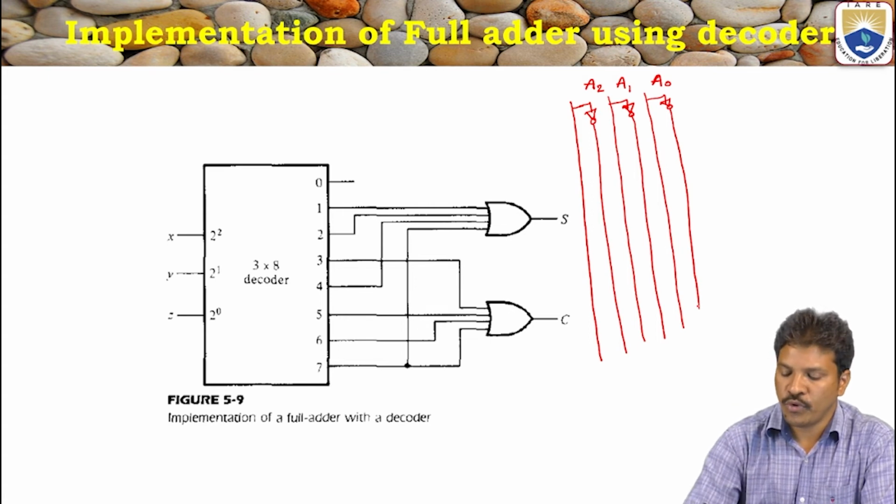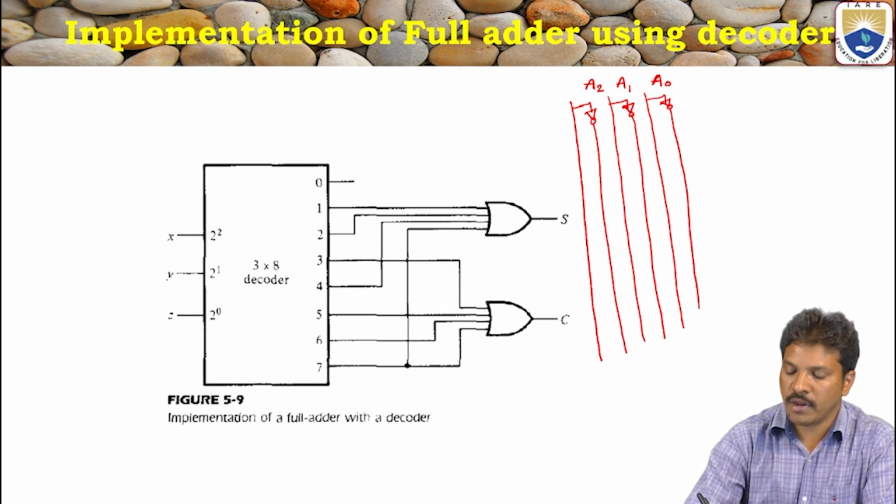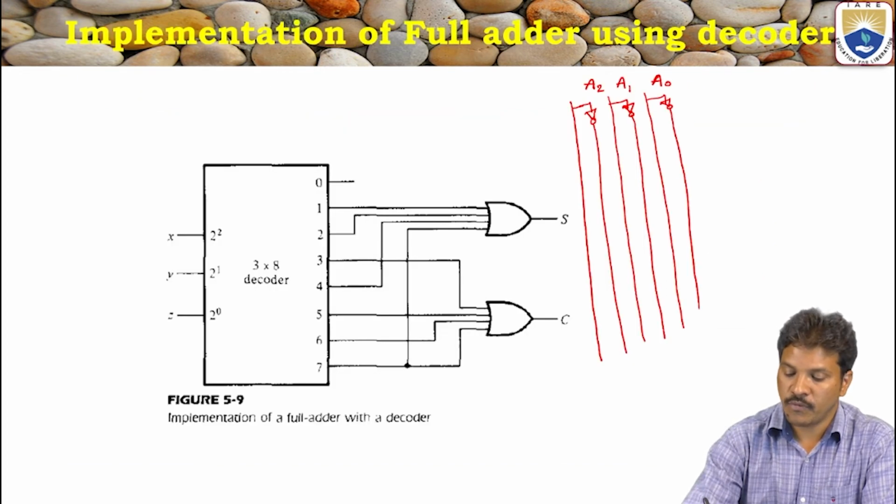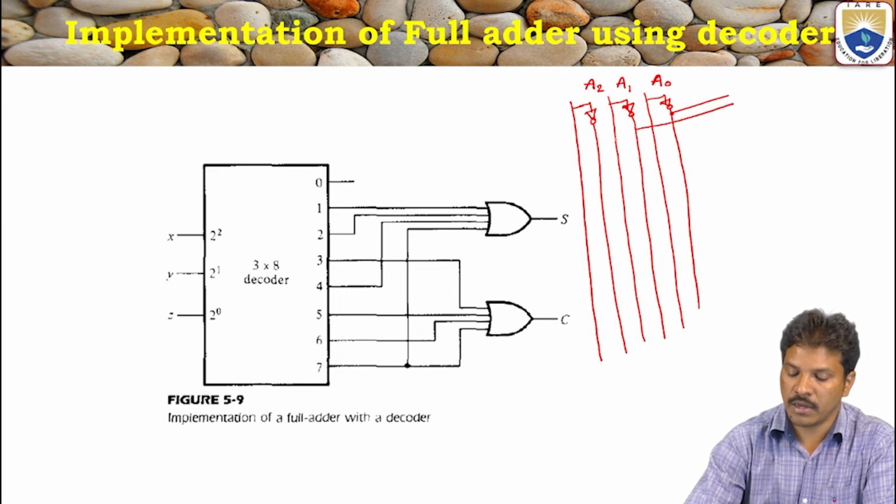So how to draw the diagram for Y0? Y0 means take all the complement values: A0 bar, A1 bar, A2 bar. Take the AND gate, since it is a product. We take the AND gate for Y0.